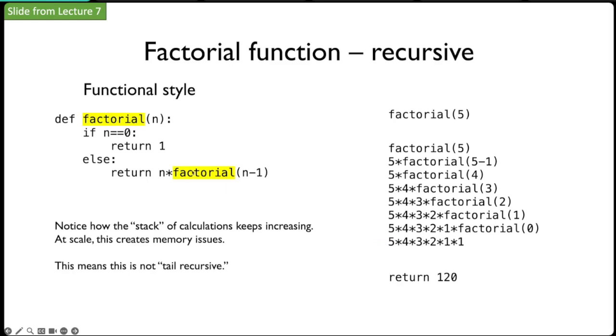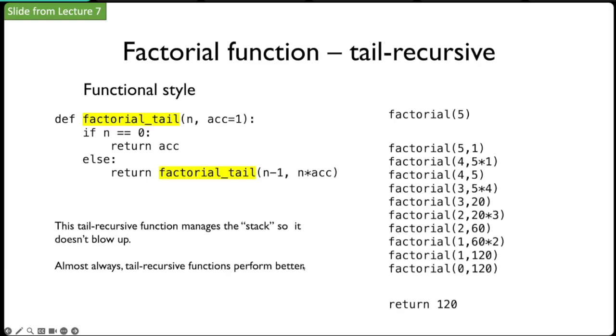So factorial can call itself, and when you give it 5, it can ultimately return 120. This is a non-tail recursive function, and you can instead rewrite this to be tail recursive. This one prevents this stack of unfinished calculations from stacking up, essentially. And that's a more robust way to handle things than using a for loop.